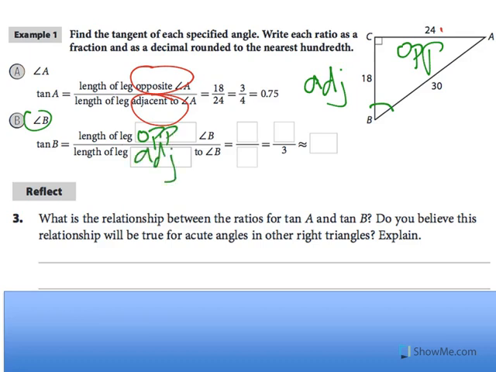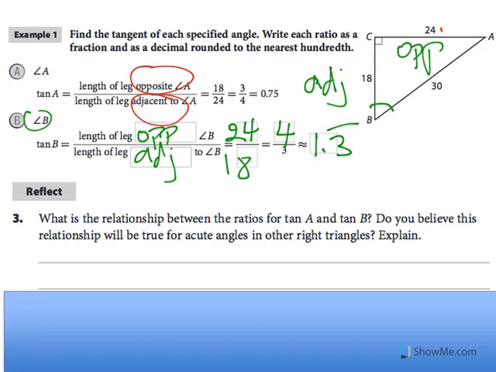The opposite of angle B is 24, and the adjacent to angle B is 18, which gives 4/3, or as a decimal, 1.3 with the bar over the 3. Okay, let's go on to number 3.